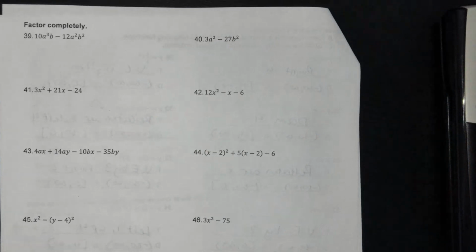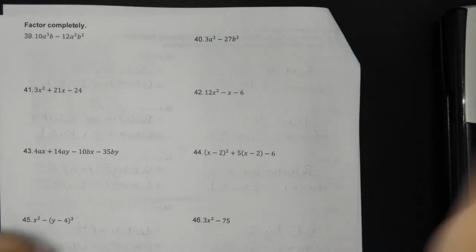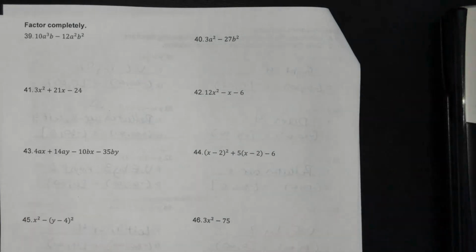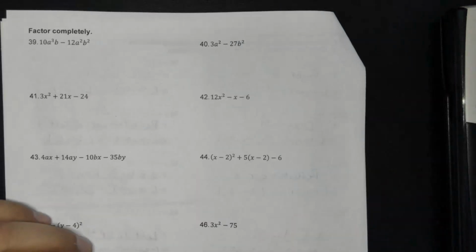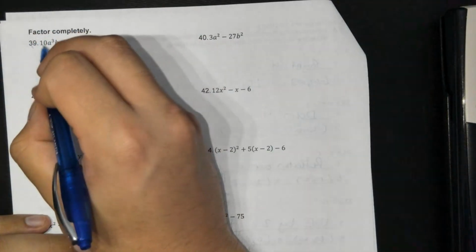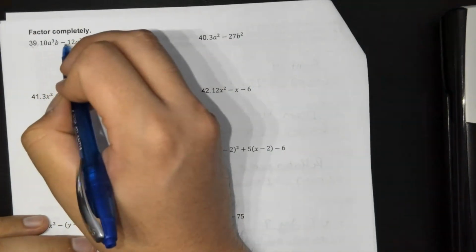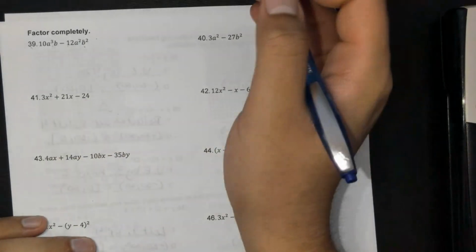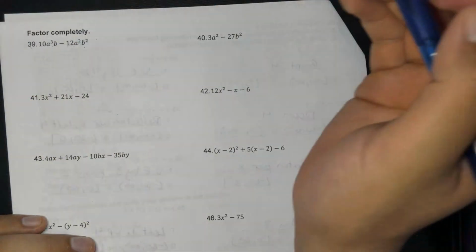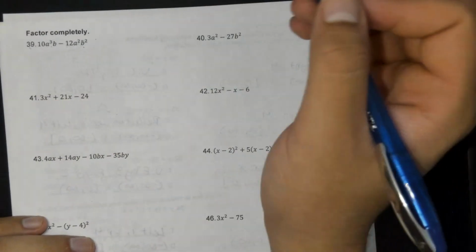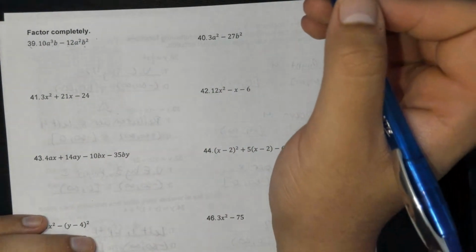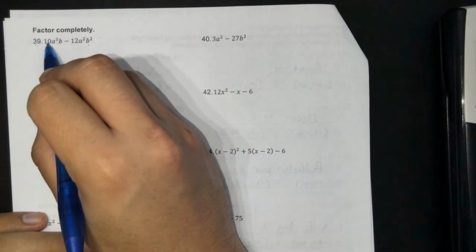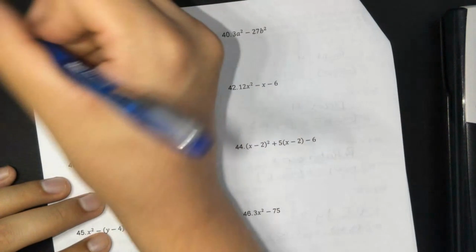Alright, so now for the next page, 39 through 46, this is all factoring. Remember, always check for GCF first. So let's look at 39. We got 10a cubed b minus 12a squared b squared. Alright, so 10 and 12, we know that could be divided by 2. So GCF would be 2a squared b.